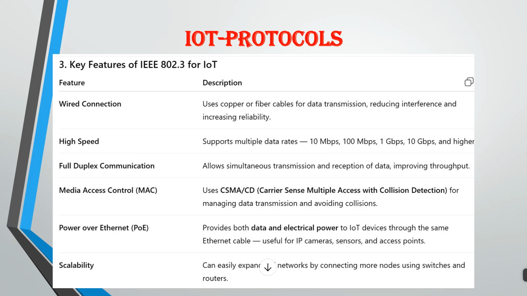Suppose a copper cable is capable of covering a distance of 300 meters. At the 300th meter you use one more switch so that it can extend to another 300 meters. Like this, scalability can be increased. So these are all the standards of 802.3 for communication.